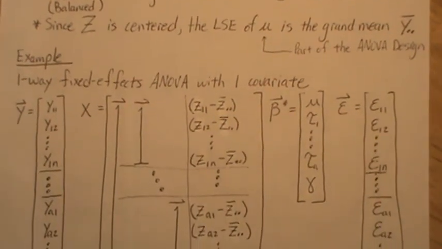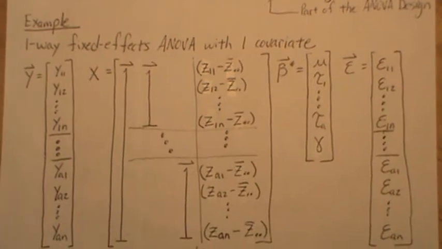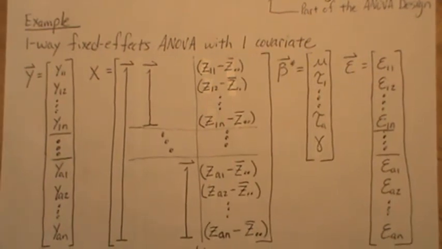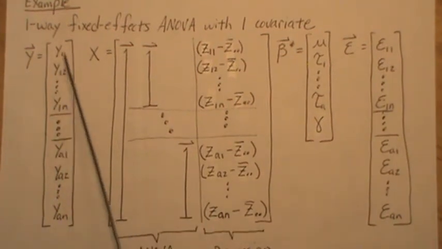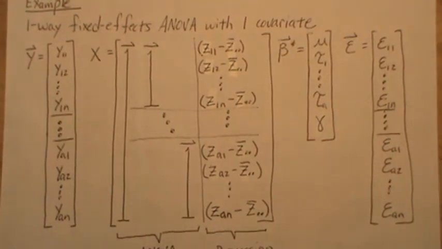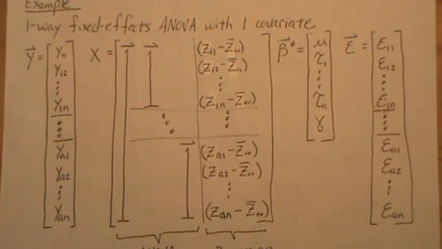So let's do the example that we just did in matrix form. We're going to look at a one-way fixed effects ANOVA with one covariate. So the design matrix is this, and we enter the Y sorted by treatment and then observation.